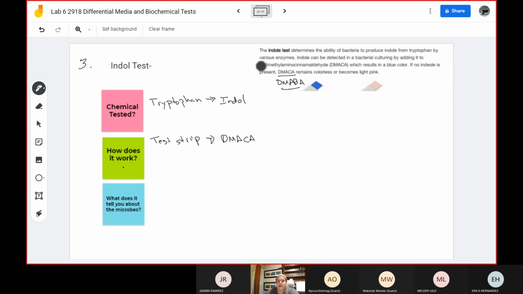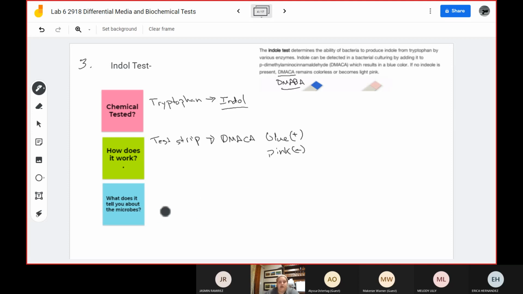You probably don't have to remember that, except for if you were asked what it is. It's abbreviated as DMACA. So you can probably get that from this very long word here. And then the DMACA, if it is positive for indole, it will turn blue. And then if it stays pink or a light color, it is negative for indole.